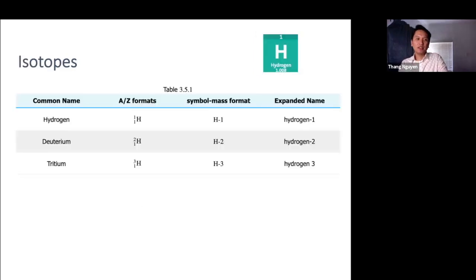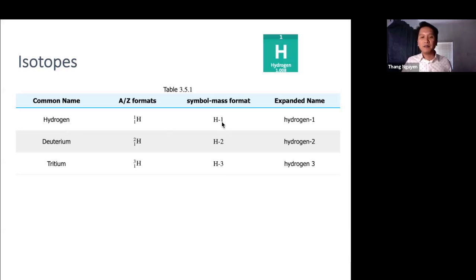Okay, so let's take a look a little bit further at this idea of isotopes. Let's take a look at hydrogen, for example. As you can see here, this particular isotope is the most common form, the most common isotope. That's why we're just going to call it hydrogen.